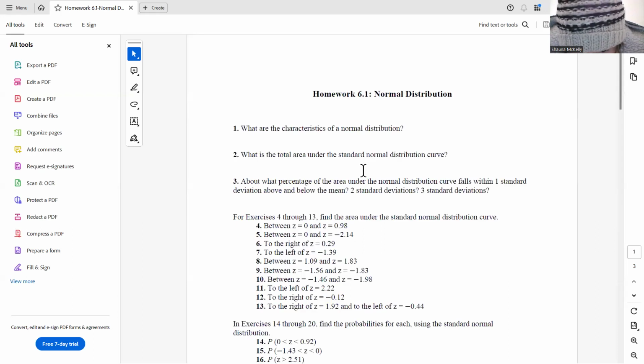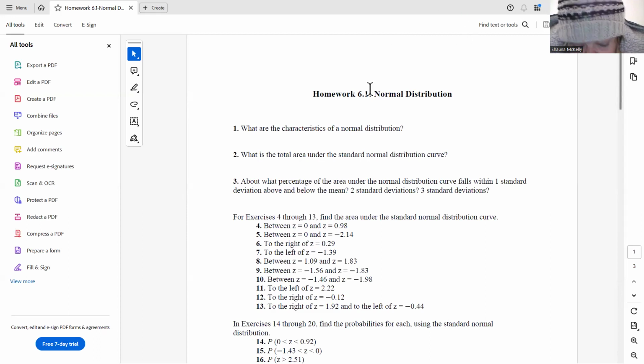Let's do problem number 12. To the right of z equals negative 0.12. Okay. To the right of z equals negative 0.12.